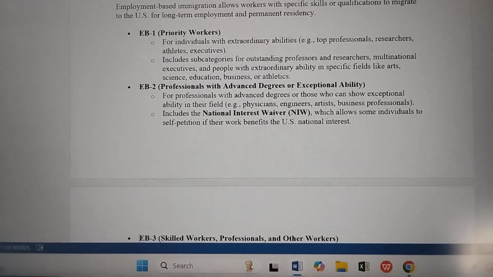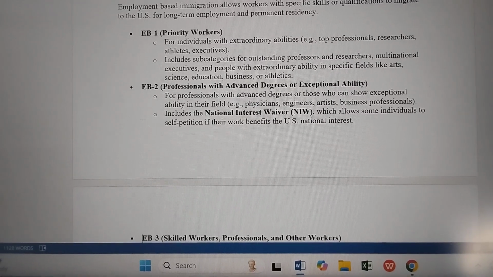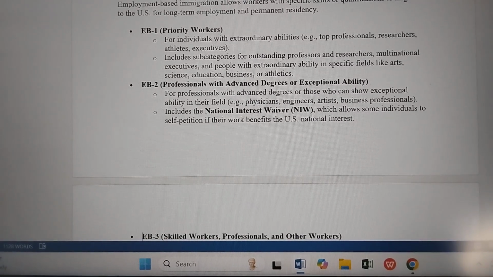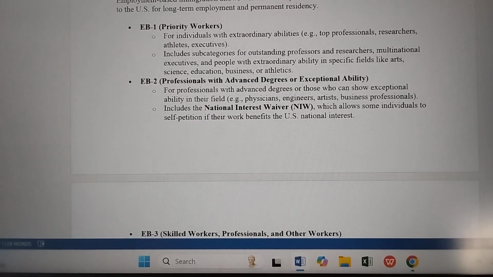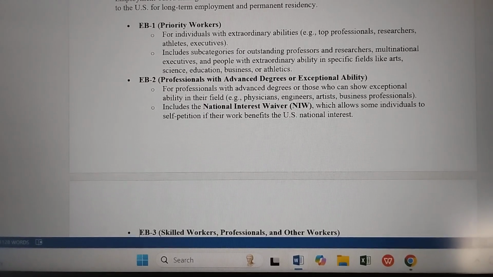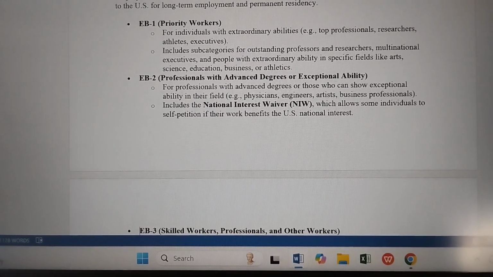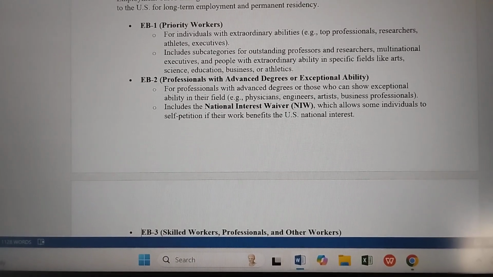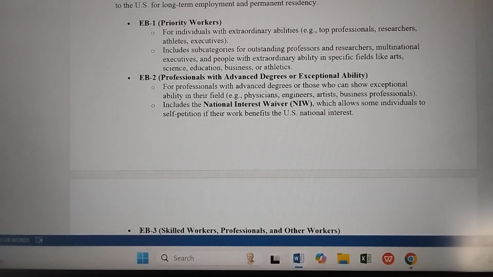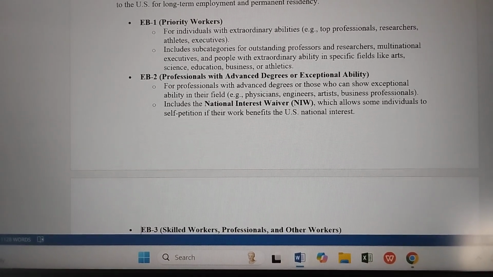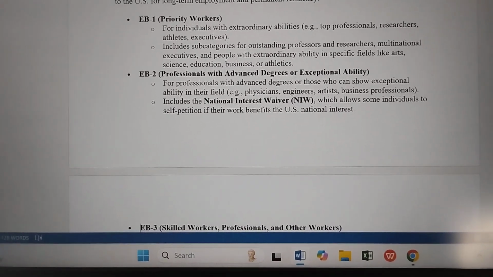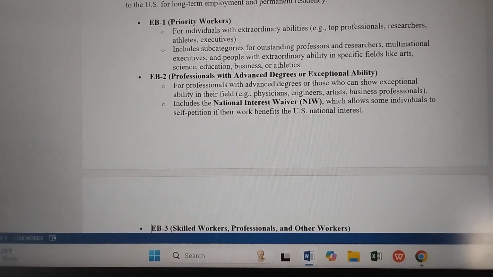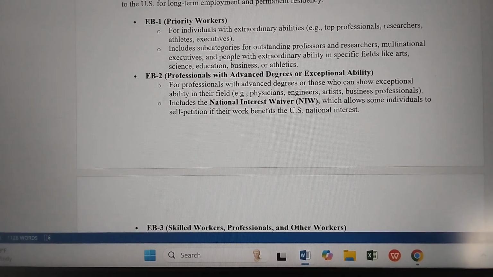Now, we start by looking at EB1 as an employment-based visa that can help you to come to the United States. This is meant for individuals with extraordinary abilities, top professionals, researchers, athletes, and executives. You can come to the United States through use of EB1 visa. Priority workers are able to come to the United States using EB1.